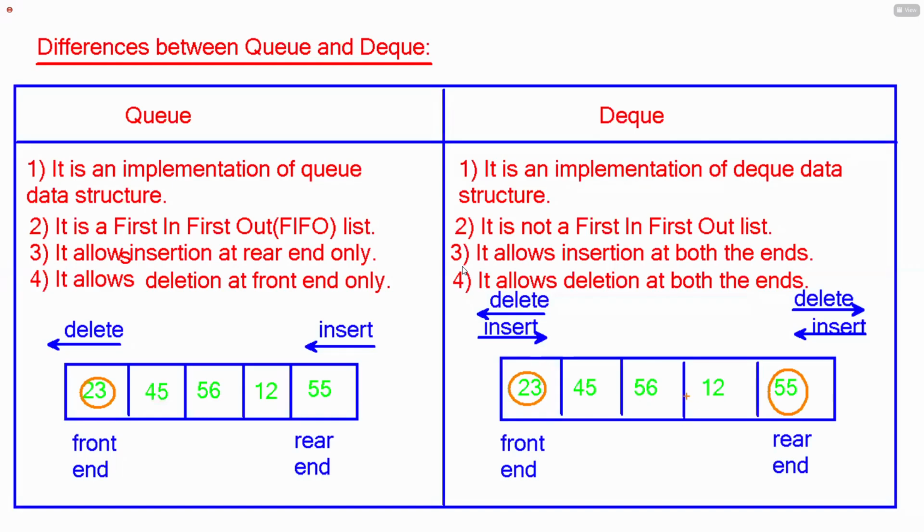In the deque, if you want to delete here, 23 can be deleted, and 55 can be deleted. After deleting, inserting again is possible. But in the queue, if you delete, inserting this way is not possible. Elements should come this way only.